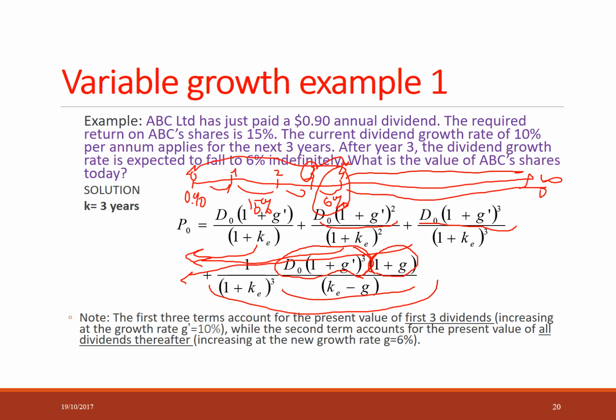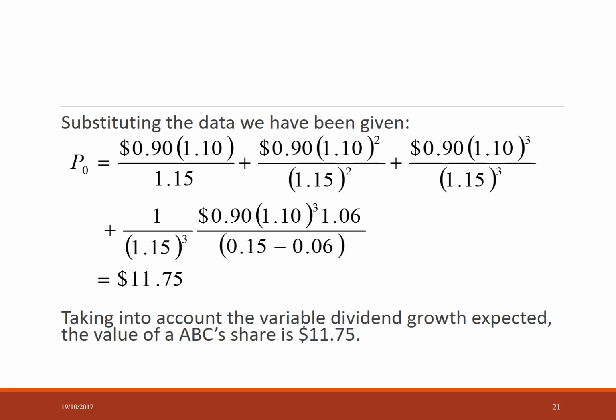So for the perpetuity, this part here is the pricing formula for a perpetuity with constant growth, and the first component here is simply discounting it back to time 0. Okay. So substituting the numbers into the formula, we get a price of $11.75. Right.